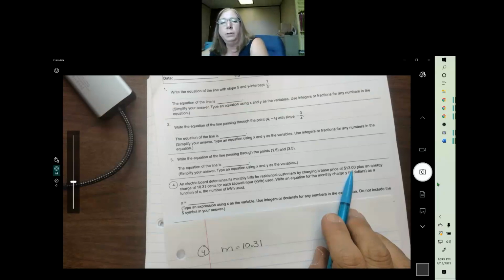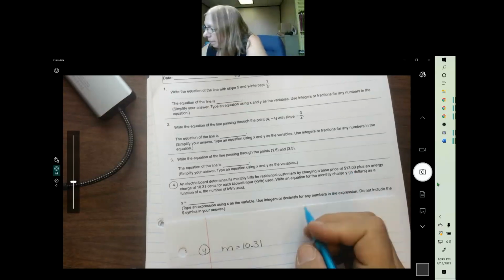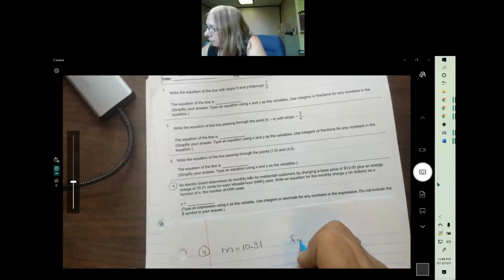If you use no electricity, you're still paying that $13. That's the fixed cost.